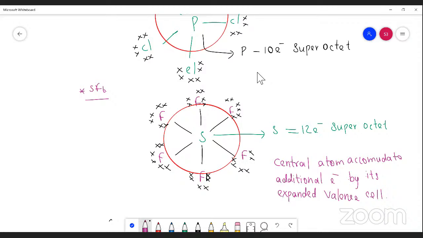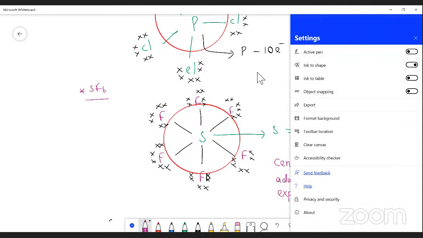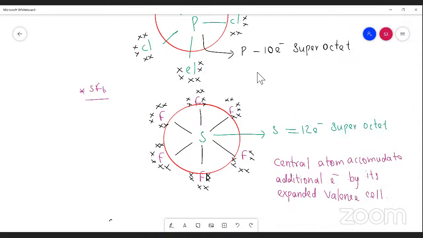So this is a superoctet. Okay, so this is the exception of the octet rule. Listen, students, we are taking the exception of the octet rule.